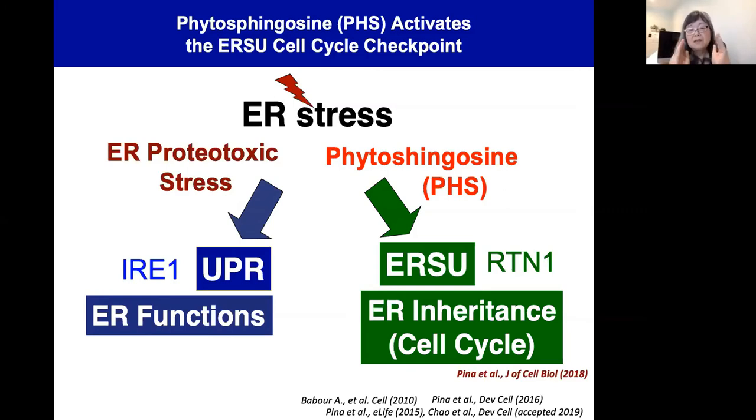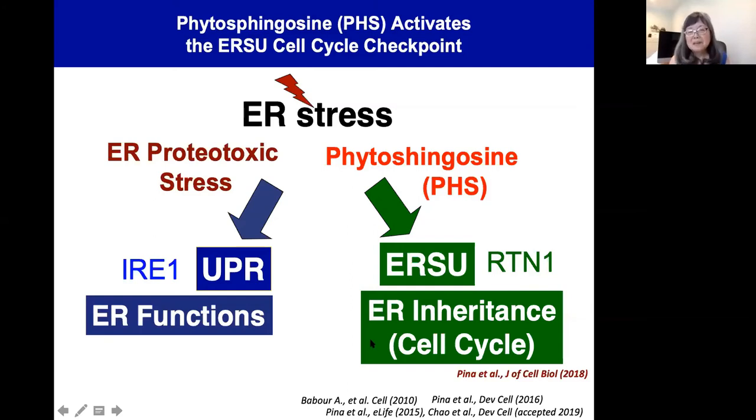So this is actually a classical cell cycle checkpoint that we hear a lot about for DNA. But even more exciting to us was that recently we found phytosphingosine is induced by ER stress, and this phytosphingosine is the activating signal for the ERSU cell cycle checkpoint.